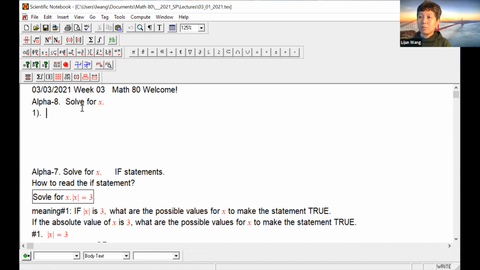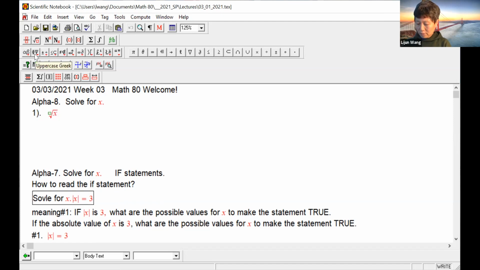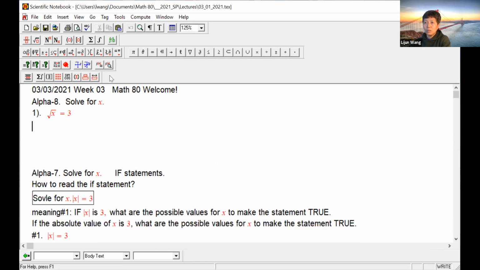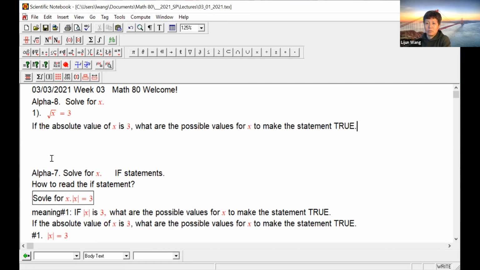We're going to focus on the meaning first. The root x is equal to 3. So what will be the meaning? Almost the same sentence. Instead of the absolute value of x, it is the root of x.